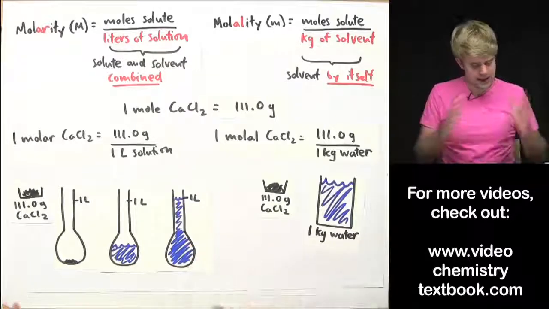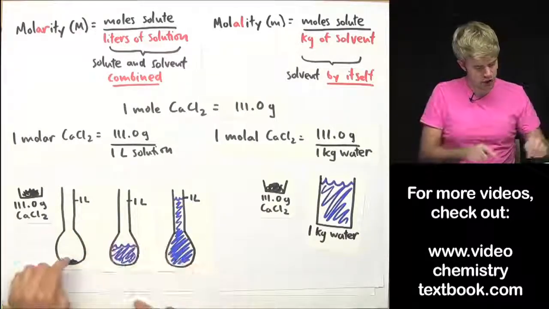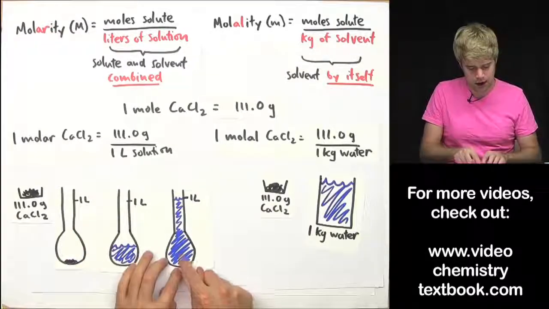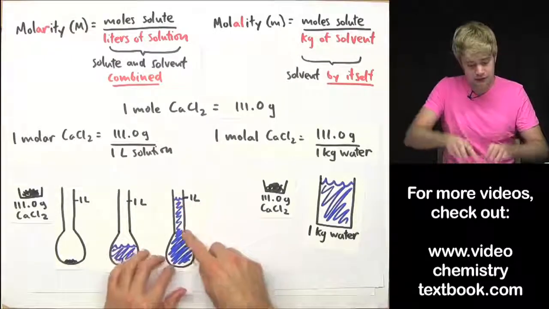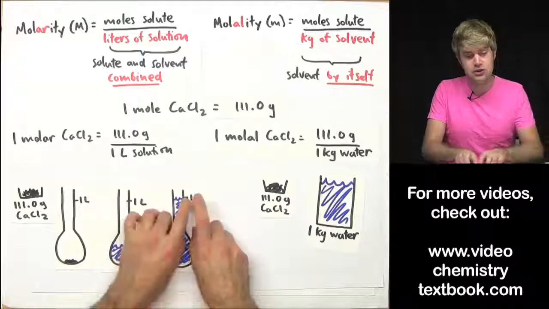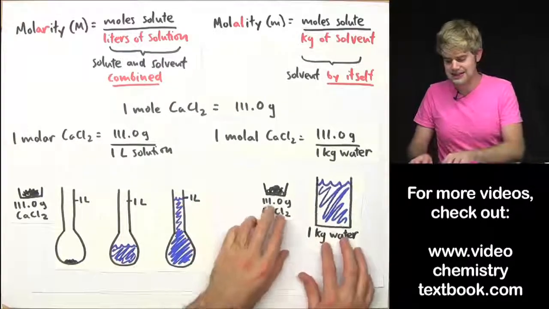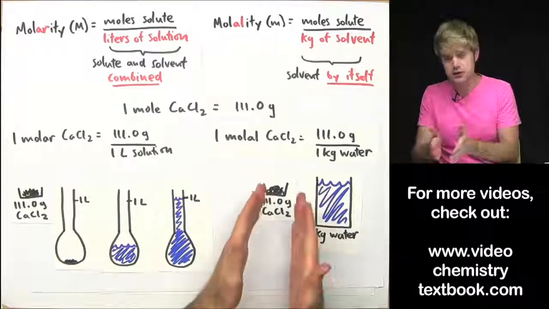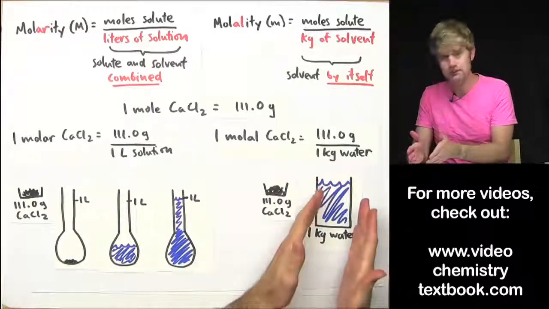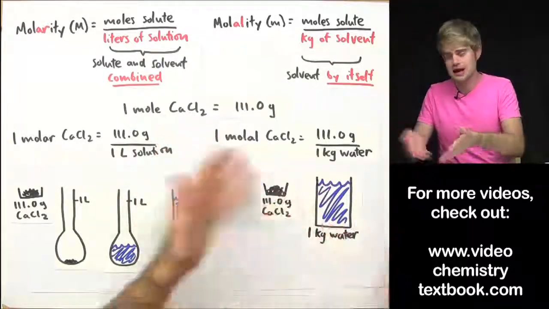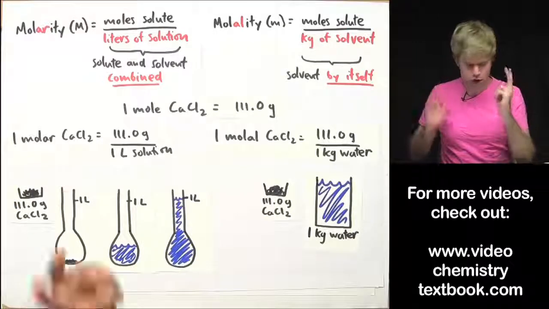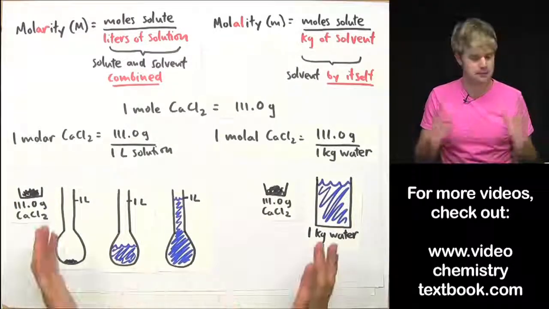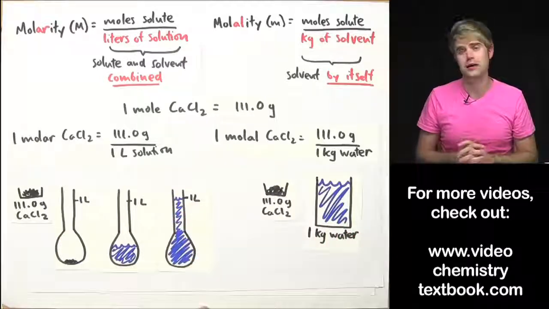So the point is, here I mix the solute and the solvent together, and then I increase the volume of both of them together until it gets to 1 liter. Whereas here, I do the solute separately and the solvent separately, and then once I mix them together, I don't care. So there are 2 important things to keep in mind about molarity and molality.